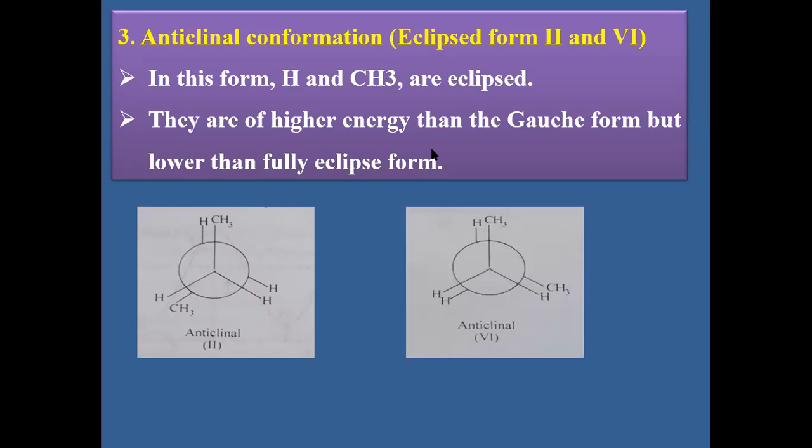They are higher energy than the gauche form, but lower than the fully eclipsed form, right? Here hydrogen hides the methyl group and methyl hides hydrogen, meaning there is a repulsive interaction between methyl group and hydrogen, right? And that's why there is a higher energy, and due to this high energy they are less stable.